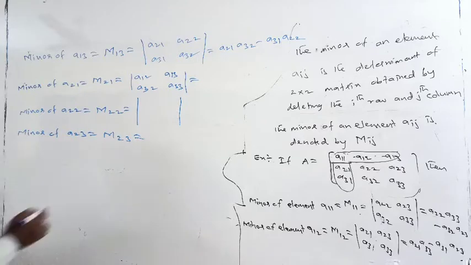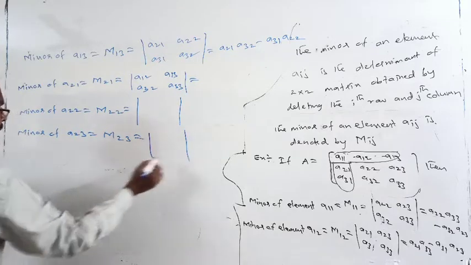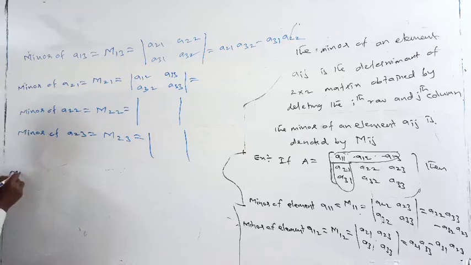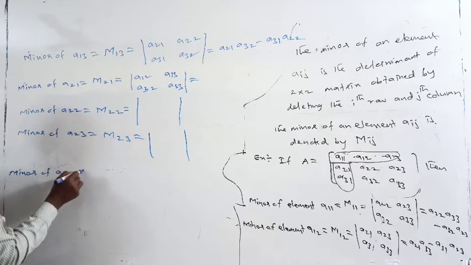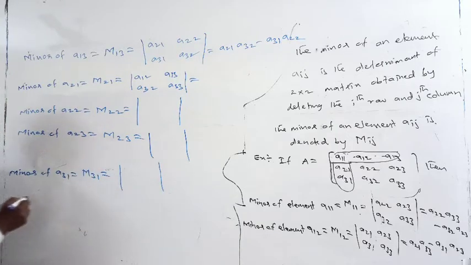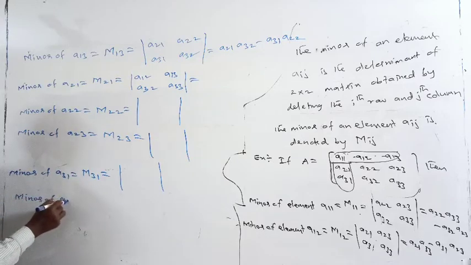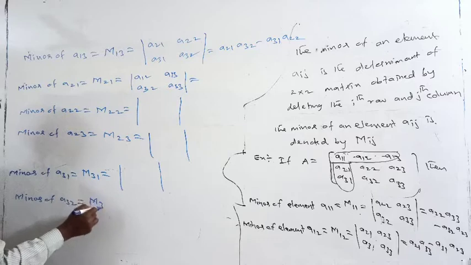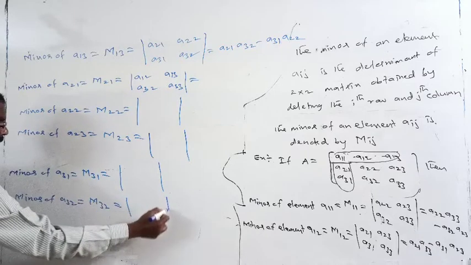Next, the third row: the minor of A31, then the minor of A32. Now the last one.